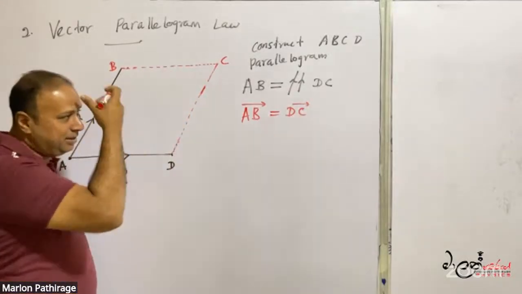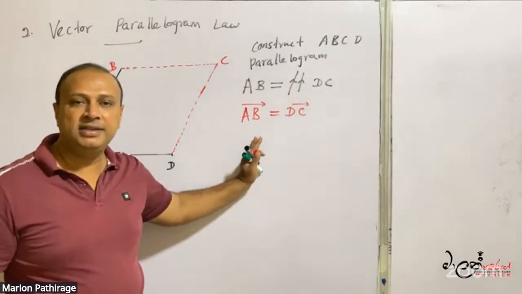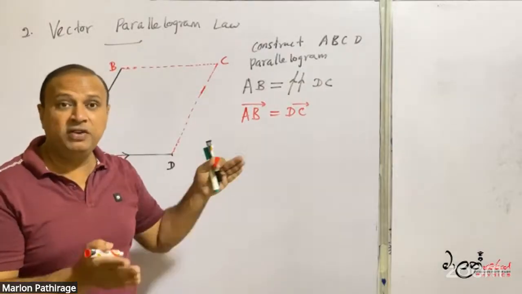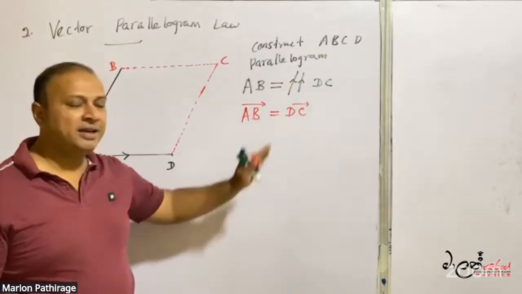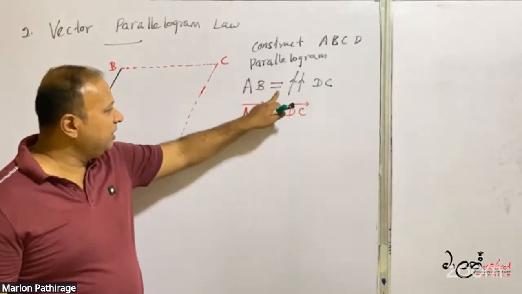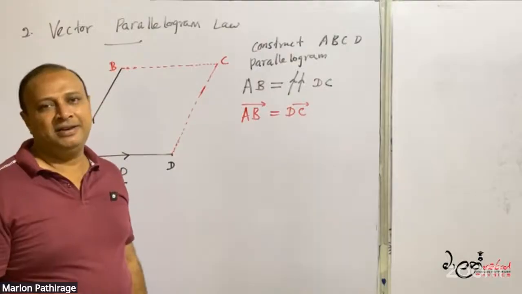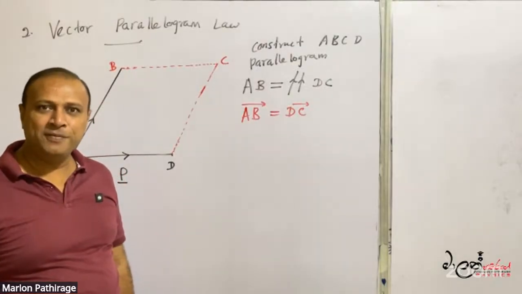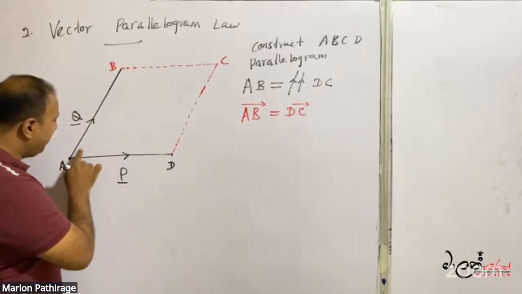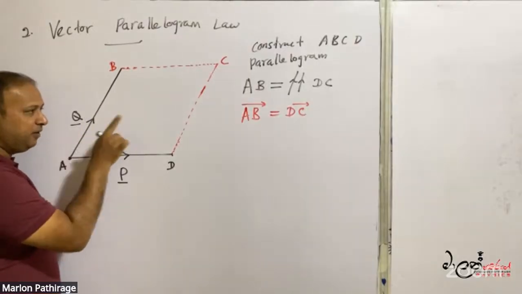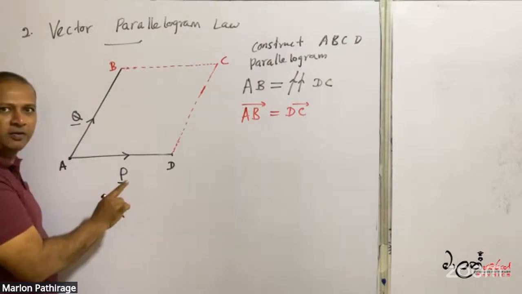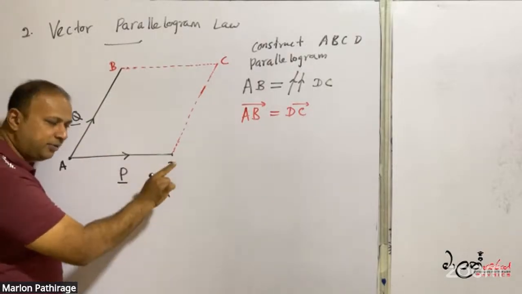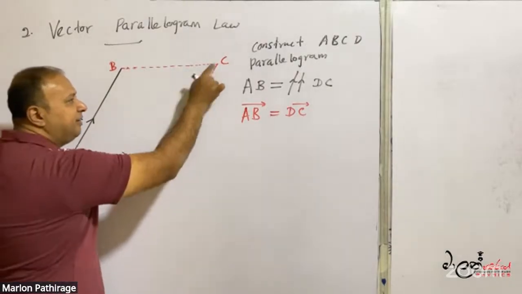Because AB and DC are two sides which are equal in magnitude as well as equal in direction. Therefore, if we represent a vector from AB, it should be equal to the vector represented by DC.